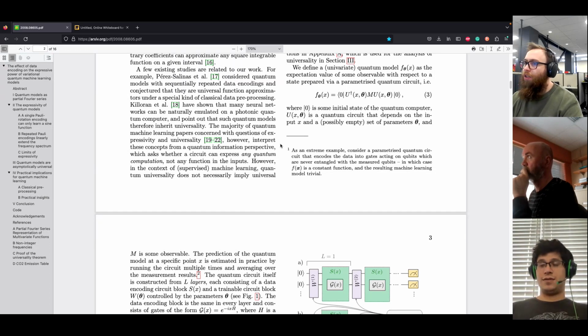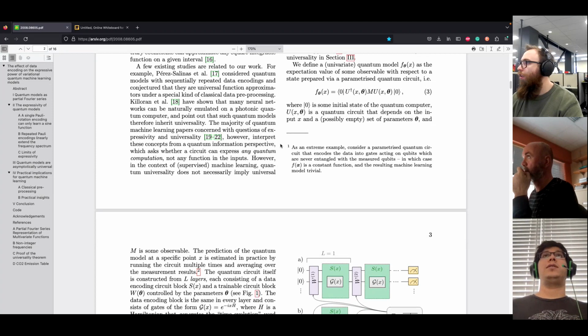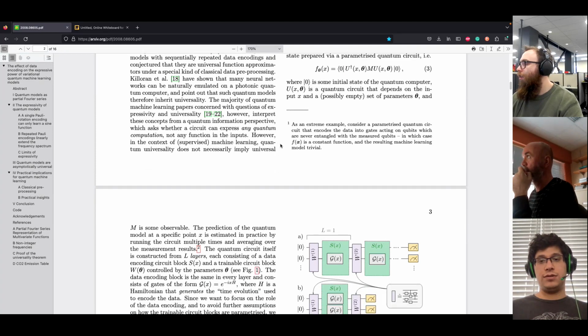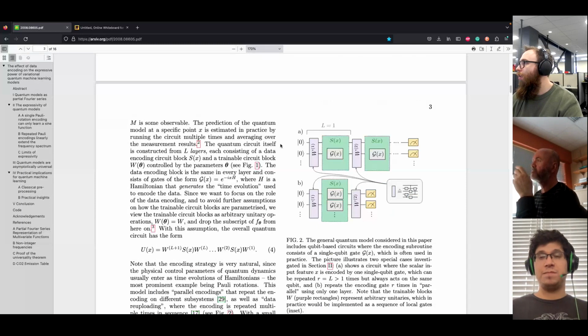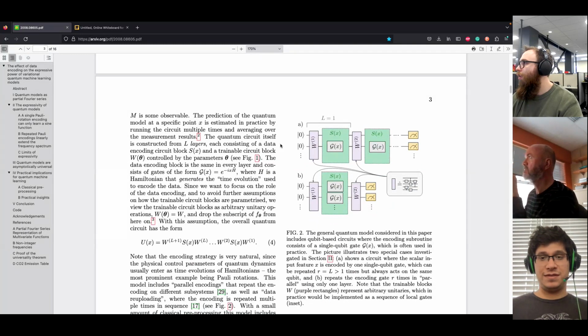How did they decide what M should be in this paper? The answer is nobody knows. You just try and see. But my understanding is that with Z you have +1 and -1, so you have the maximum contrast between the two eigenvalues. It's one property that jumps out to me.